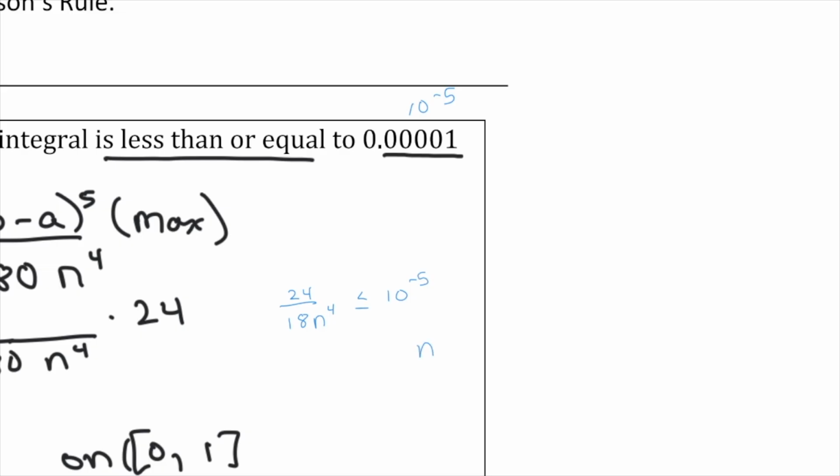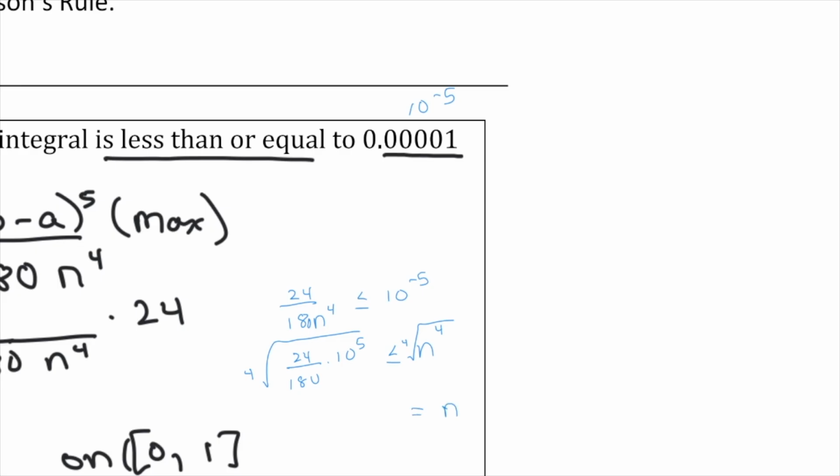We have cross multiplication, which is permitted since n is a positive number. It's going to be greater. We have 24 over 180, that was 180, times 10 to the 5th power. We'll now take the 4th root of both sides. Once again, this is a positive answer, so we will not have to worry about plus or minus.